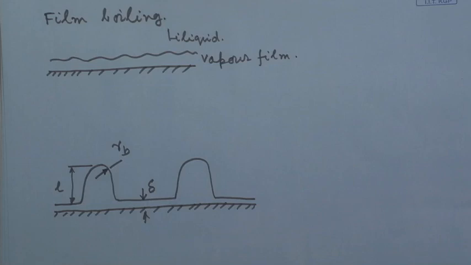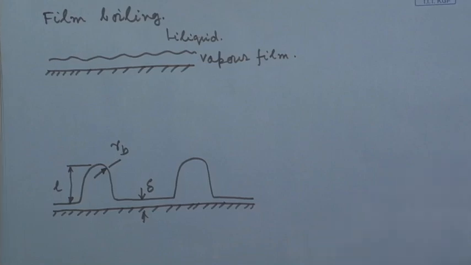With some simplifying assumptions and by the conservation equations, like mass conservation and momentum conservation, one can determine all the geometrical parameters, that is L, RB and delta.